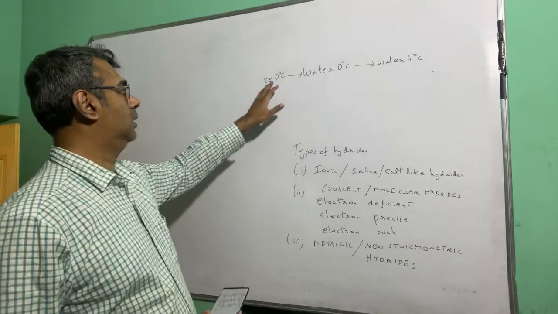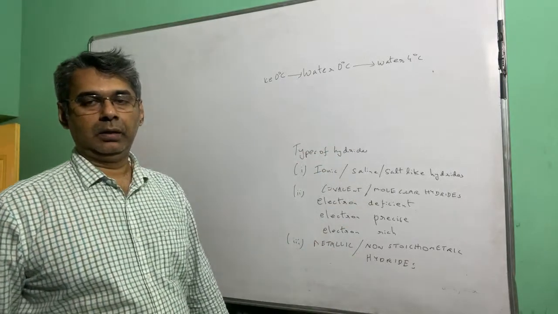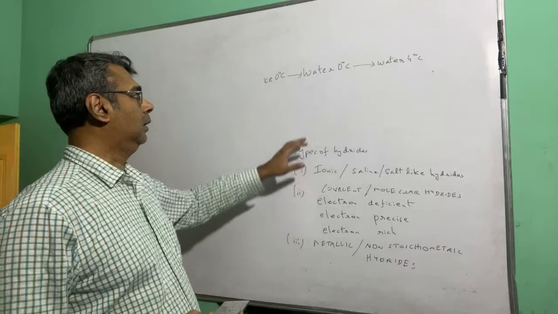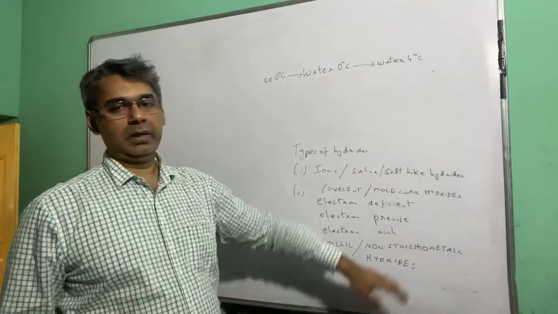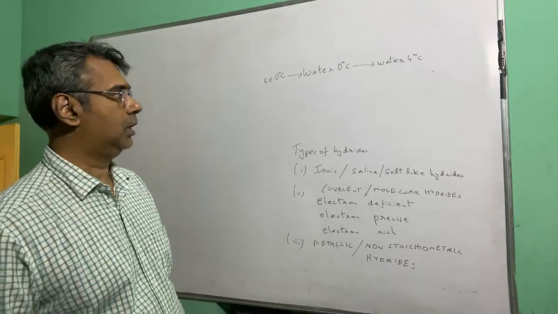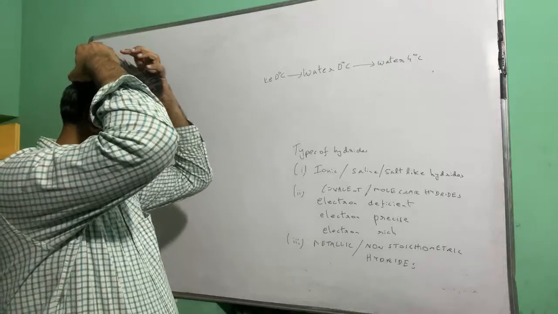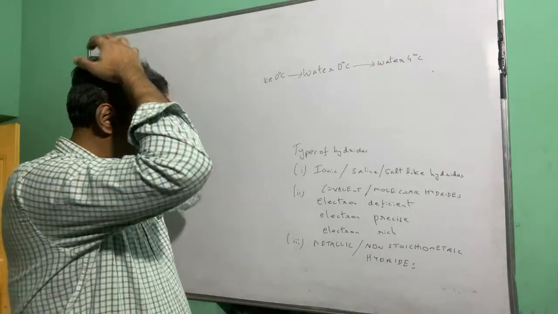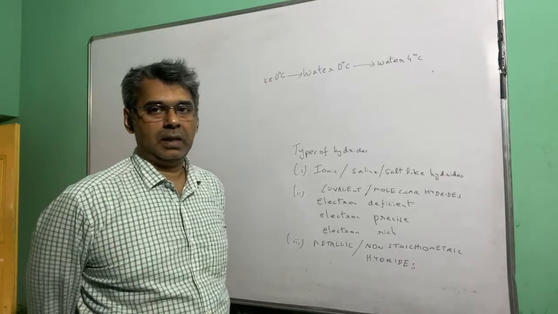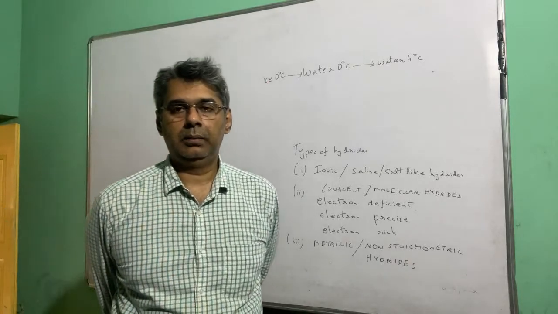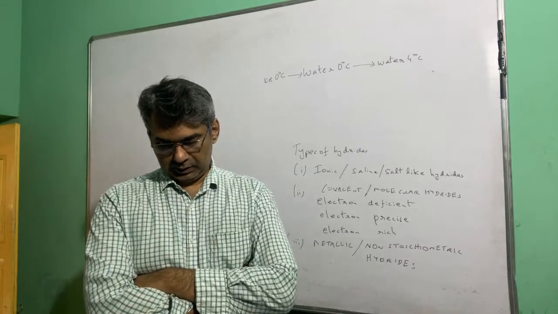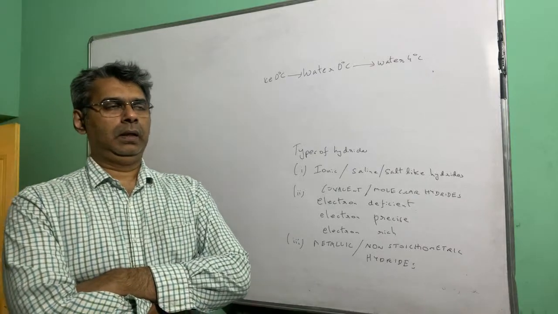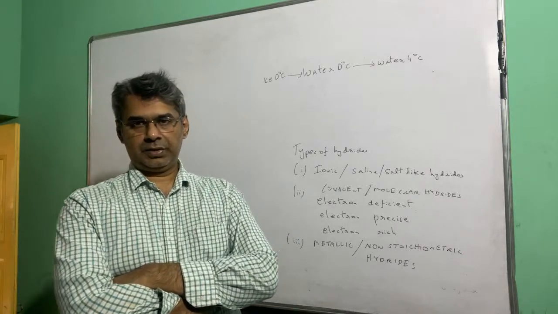Okay, then we have ice at 0 degree. Ice at 0 degree changes to water at 0 degree, which goes up to water at 4 degree. When you consider ice at 0 degree, ice has a cage-like structure.